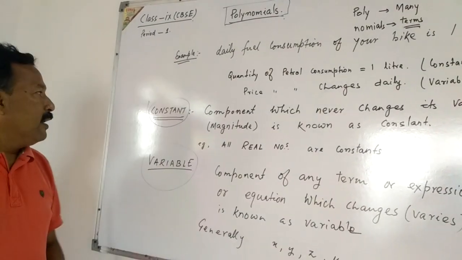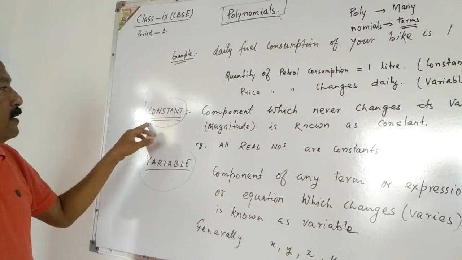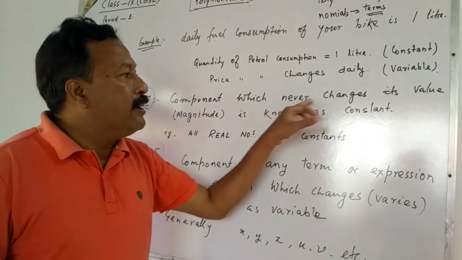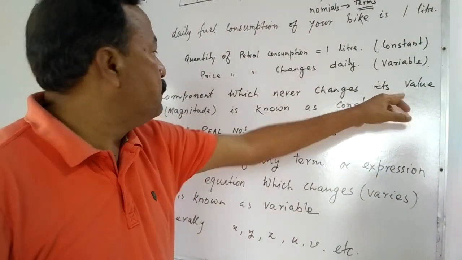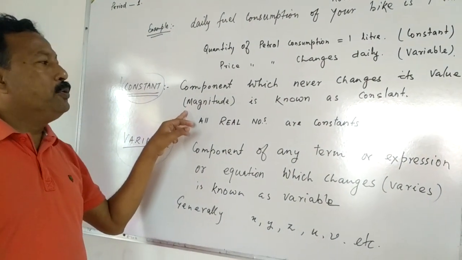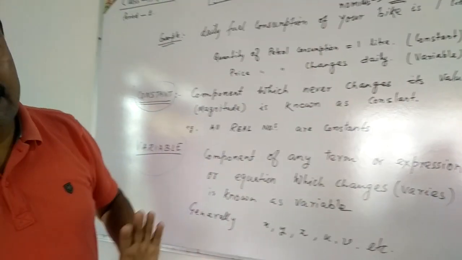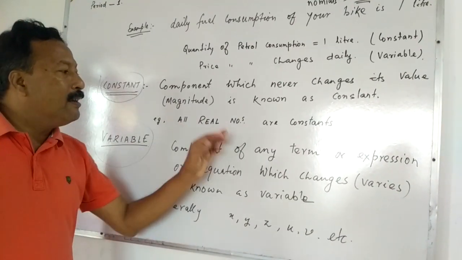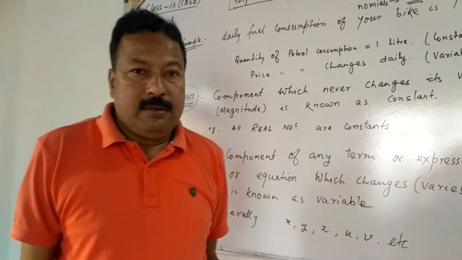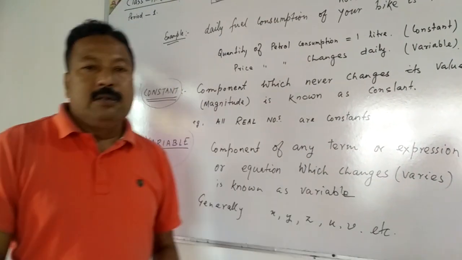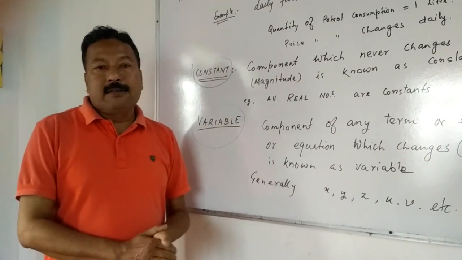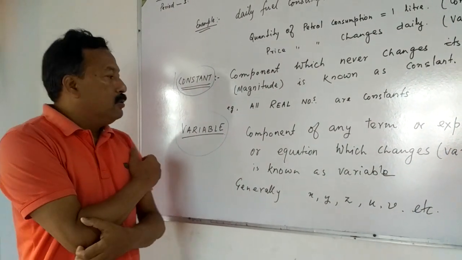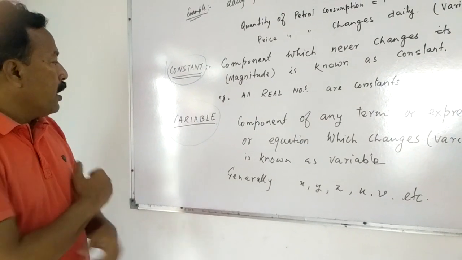Hence we can say constants are the components which never change their value or magnitude. Example, all real numbers are constants. In chapter 1, we have elaborately discussed the concept of real numbers, and you are quite familiar with real numbers.